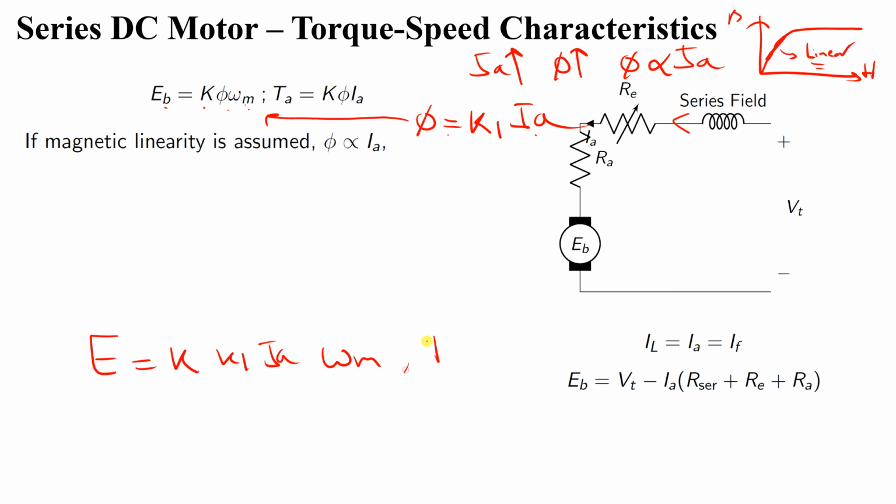And exactly the torque will be K times K1 IA multiplied by IA.